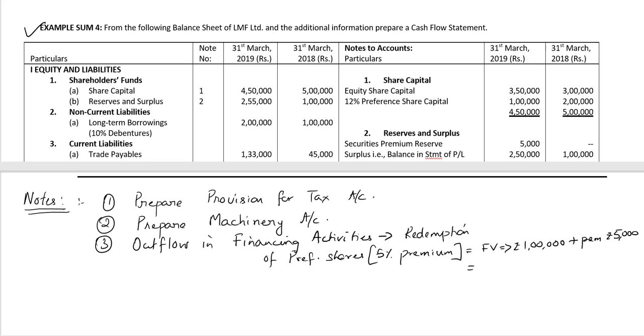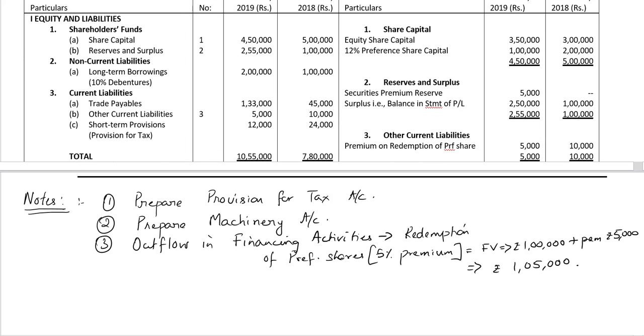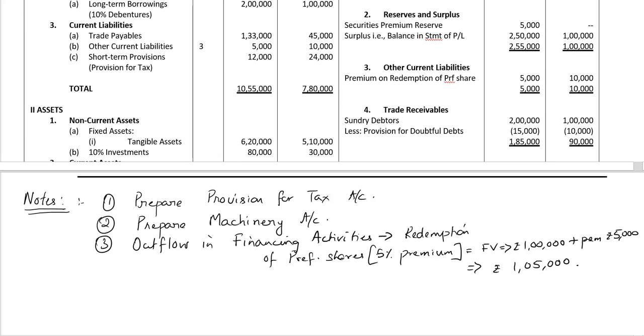So the total outflow is rupees 1 lakh 5,000. That will come under financing activities as redemption of preference shares at 5% premium.